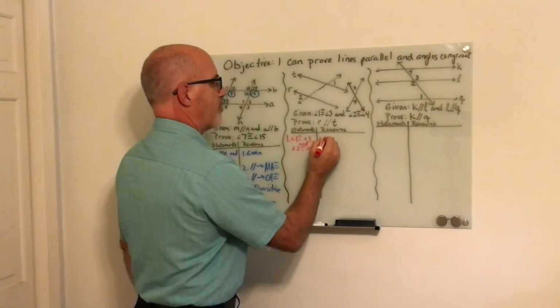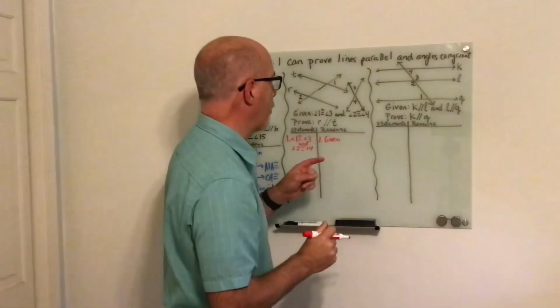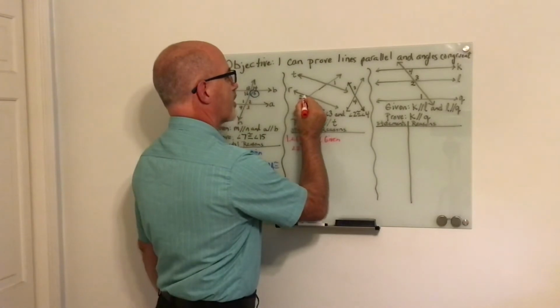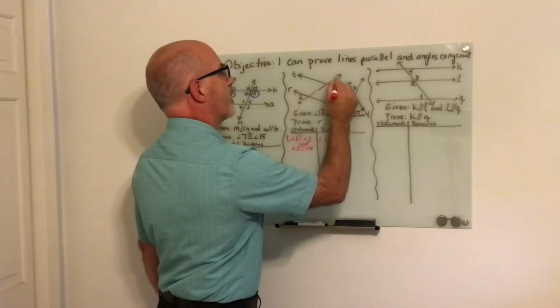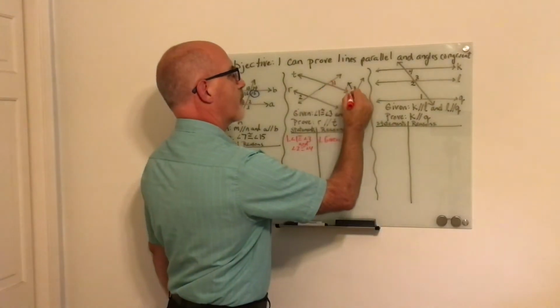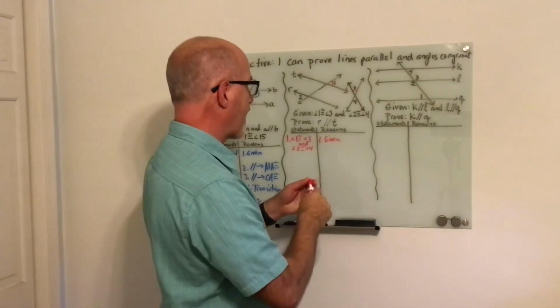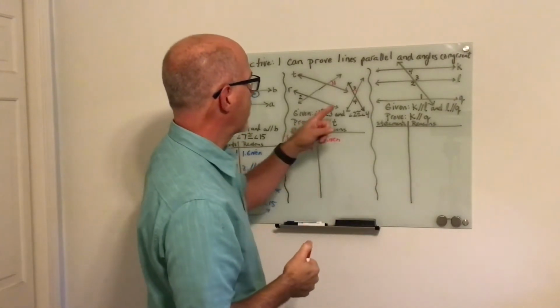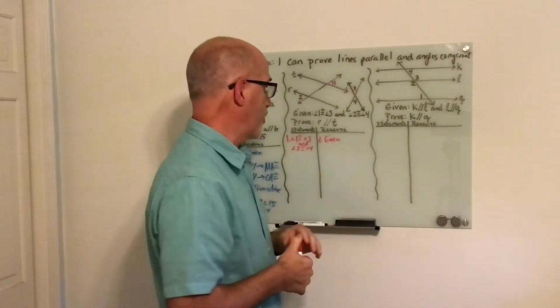Now just thinking my way through this proof to kind of set a goal for where I'm going to go, ahead and mark this. Angle 1 is congruent to angle 3. And I can look at this and say, because I've got these two being vertical angles, I can say that they're congruent.